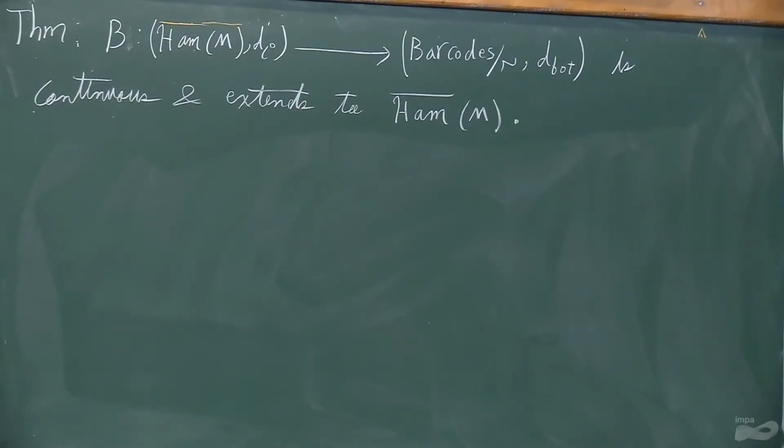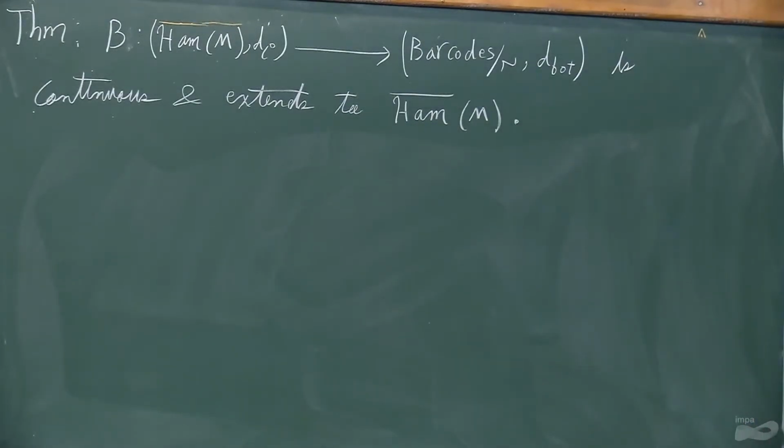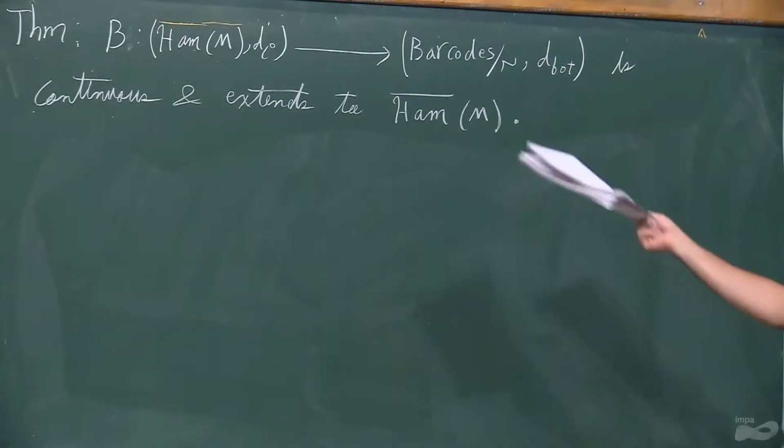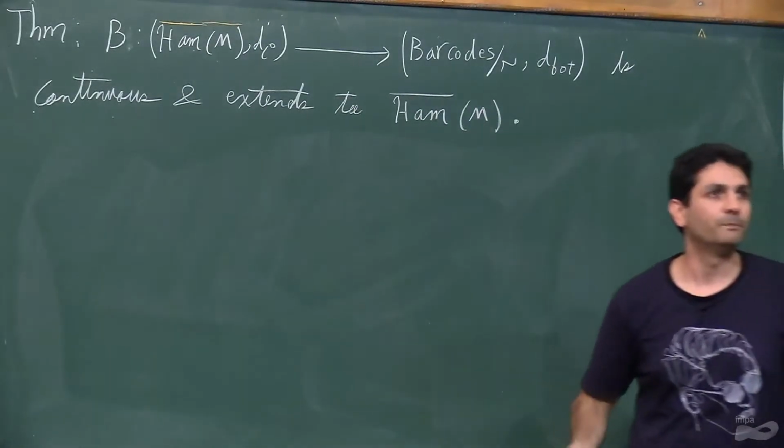Okay? So the fact that if you make a C0 small perturbation of the Hamiltonian and the barcode changes by a small amount, that's quite easy. That's the immediate consequence of this. But the fact that if you change the Hamiltonian diffeomorphism by a C0 small amount, then the barcode changes by a small amount is a consequence of this theorem. I mean, it's exactly what this theorem says.